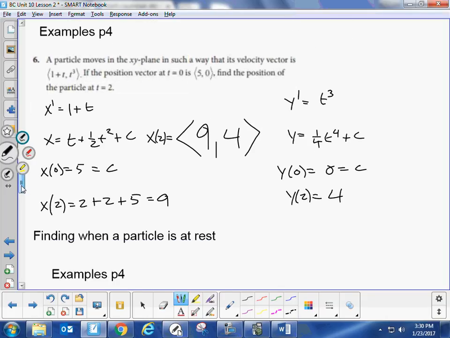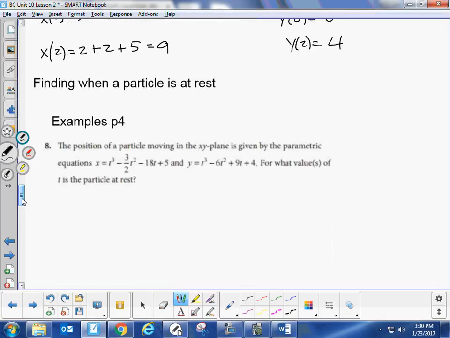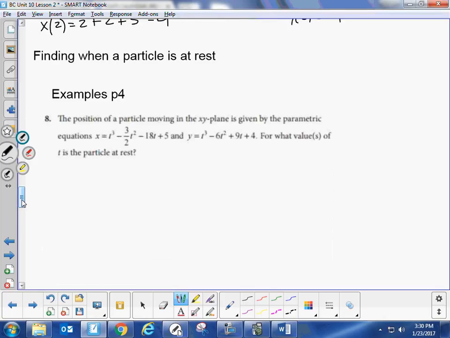All right, next. When a particle is at rest, not just when dx dt is 0. It's not just when dy dt is 0. For a particle to be at rest in two dimensions, it can't be moving up or down or left or right at the same time.